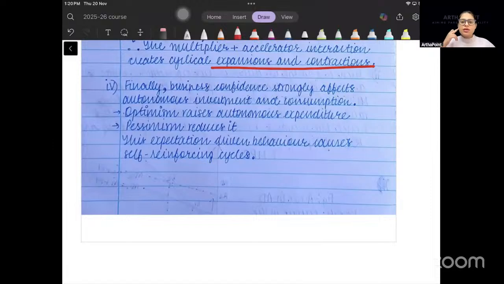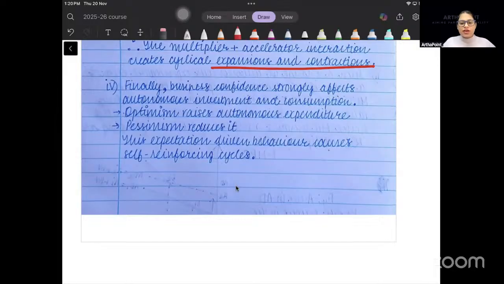You remember the consumption theories that we have done. Whenever there is a temporary, one-time change in your income, it will not feed through consumption. But whenever there is a permanent change in your income, it will feed through consumption, right?